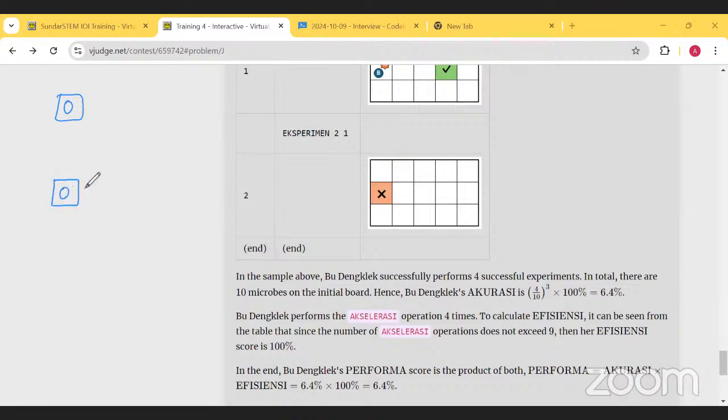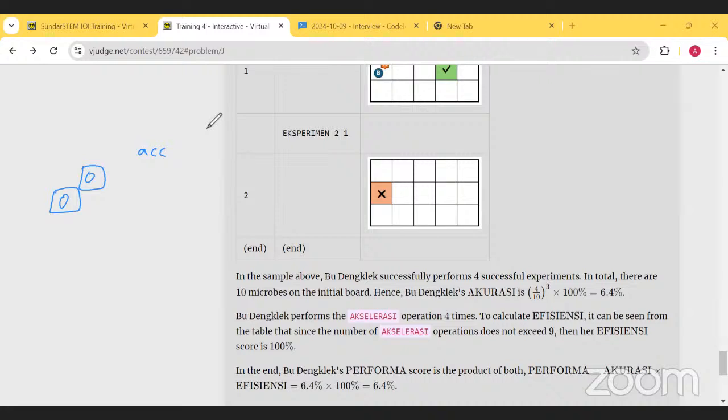And then after one acceleration, we will go to an empty cell. And then what should we do? Please don't accelerate one again, but accelerate 2. Yes, that's correct. We can always accelerate 2 times.